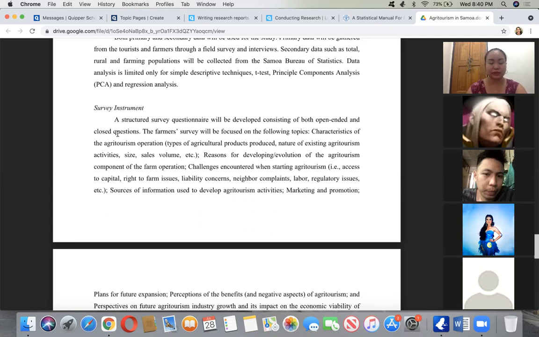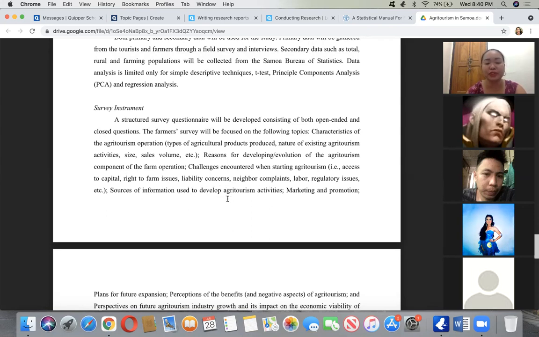Yes or no only. And then for this farmer survey, we'll be focused on topics such as, since this is structured, characteristics of the agritourism operations, and the reasons for developing or evolution of the agritourism component in the farm operation, including challenges encountered when starting agritourism, such as access to capital, right to farm issues, liability concerns, neighbor complaints, and so on.